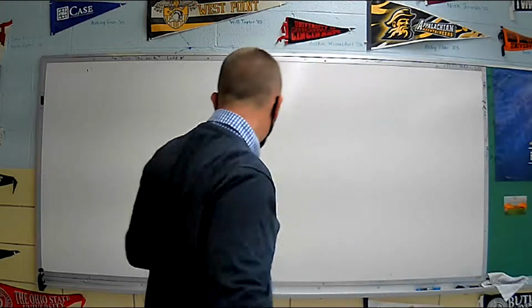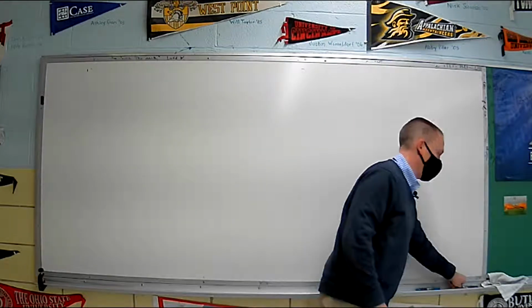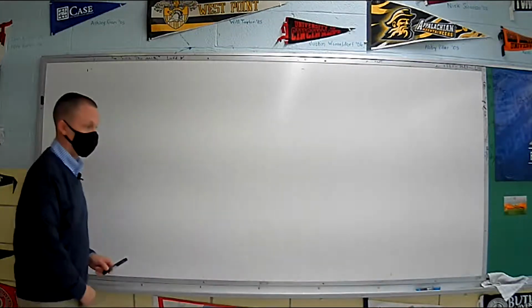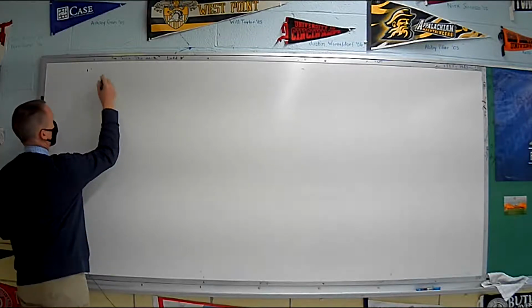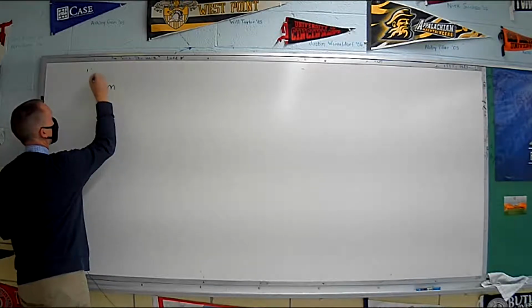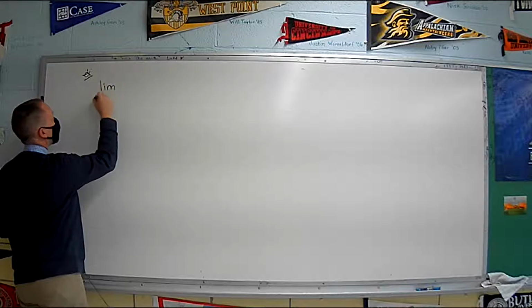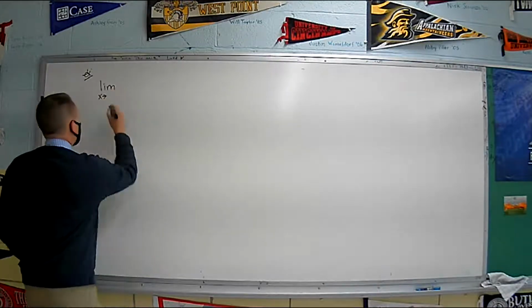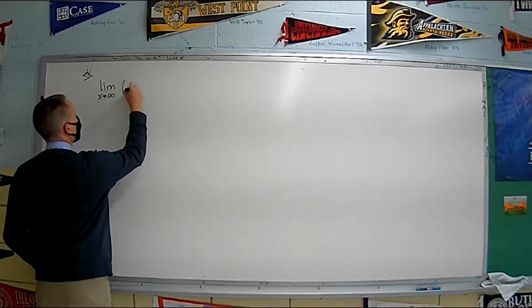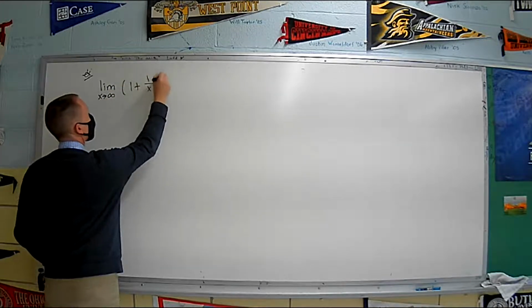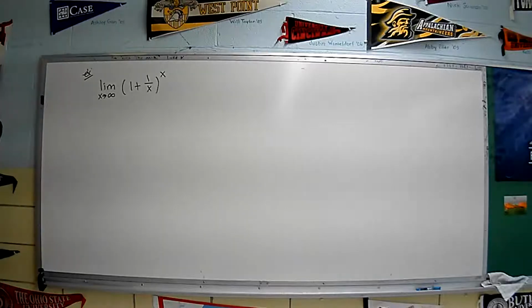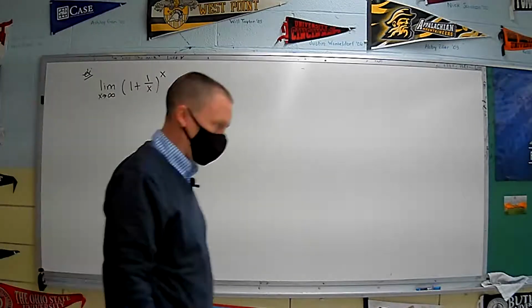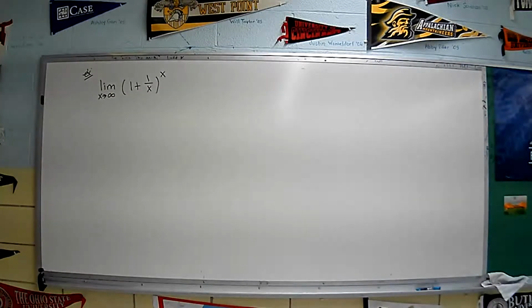So let's just jump in here and do a couple of these, okay? This is one of my faves because you've seen this limit before. This was the 1 to the infinity. Okay, so you guys remember that from yesterday? That was probably in your notes. And now we know the answer to this. Do you guys remember what the answer to this is?